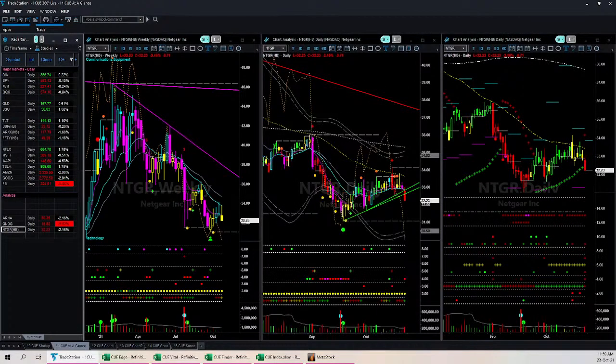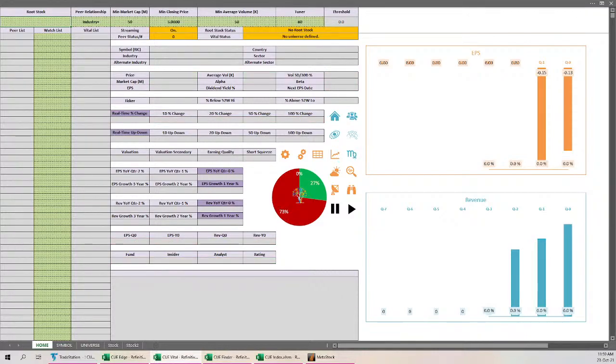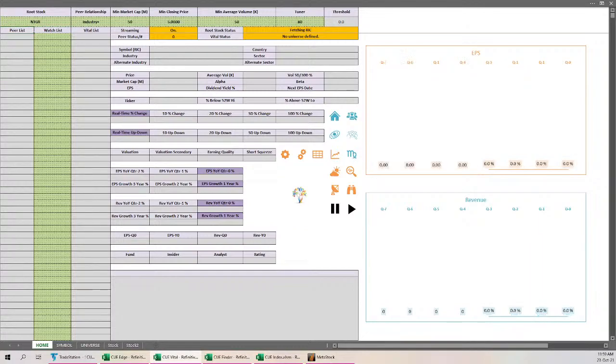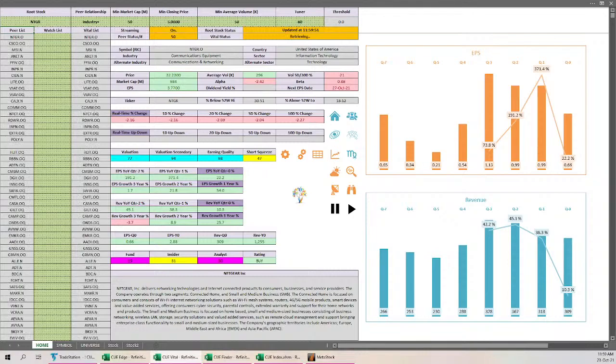Let's look at that, NTGR. Let's look at its fundamentals. This exercise is also useful because I am demonstrating how you have a large list of stocks, all liquid stocks.